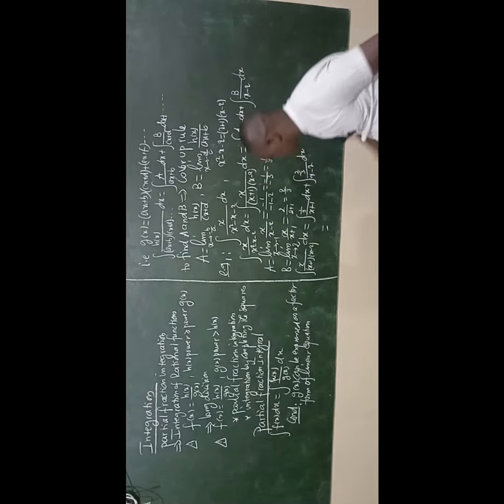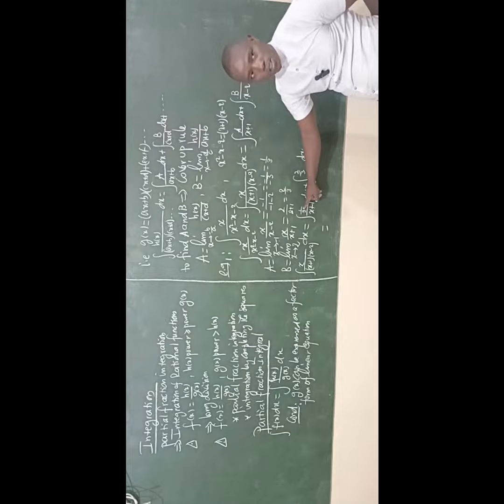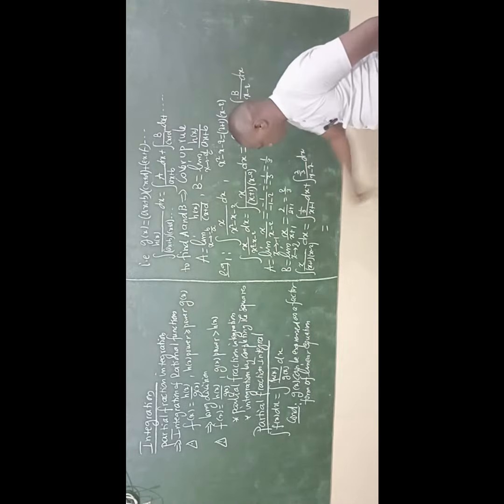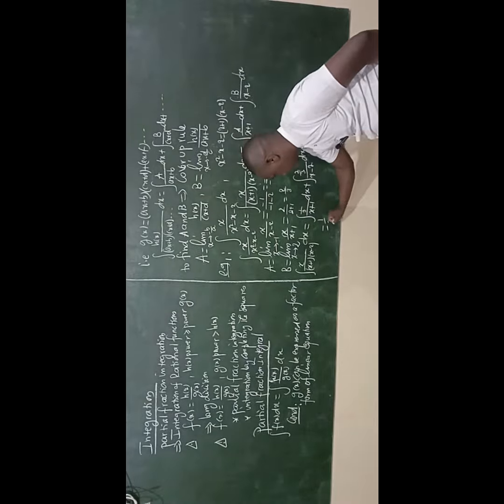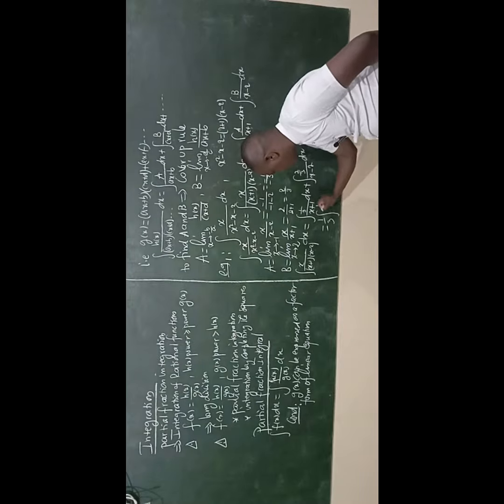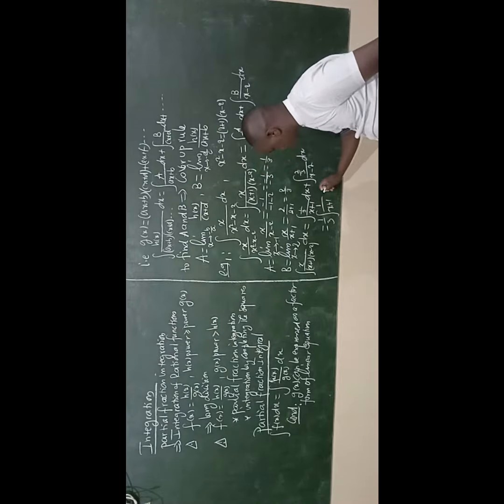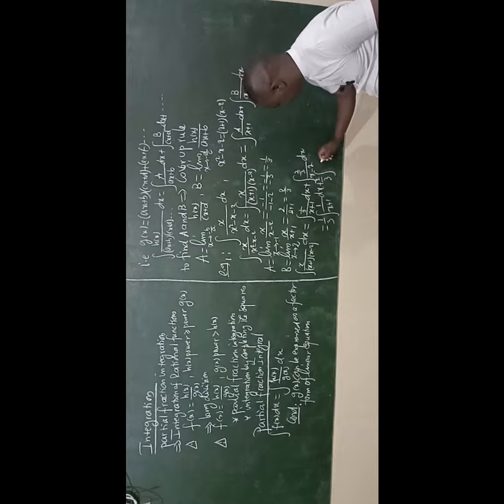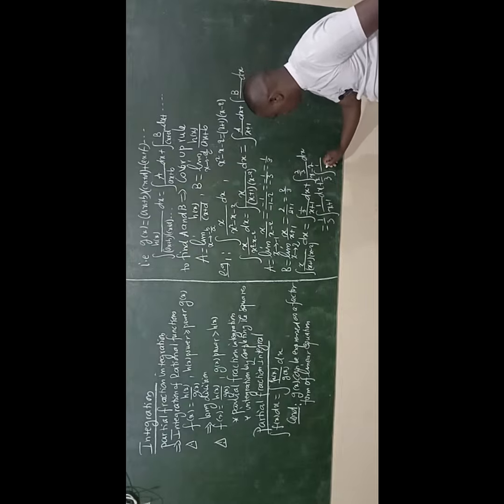We need to take these constant values out of the integral sign to have 1 over 3 times the integral of 1 over x plus 1 dx plus 2 over 3 times the integral of 1 by x minus 2 dx.